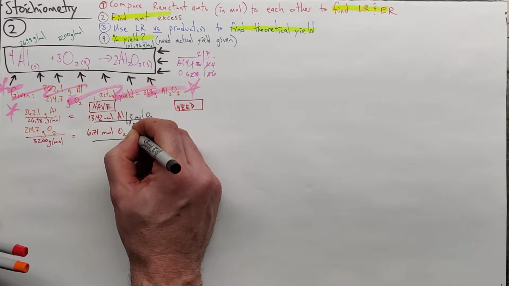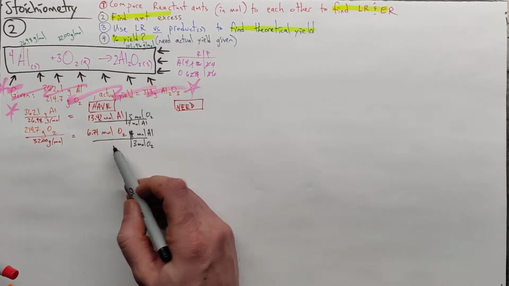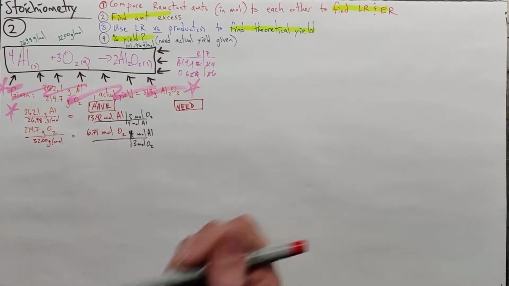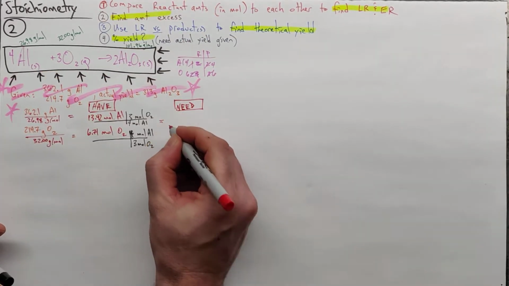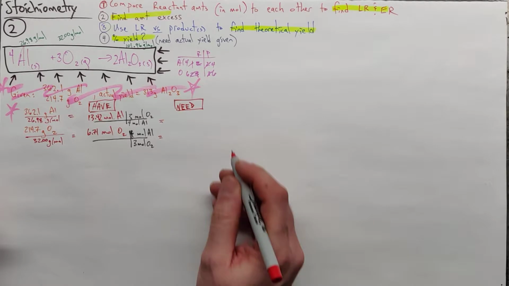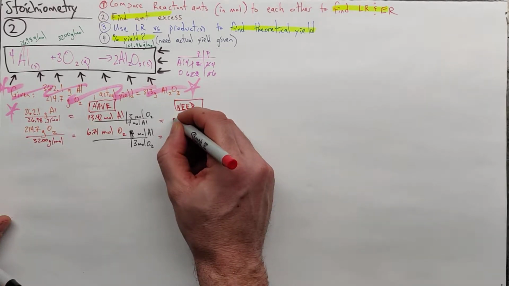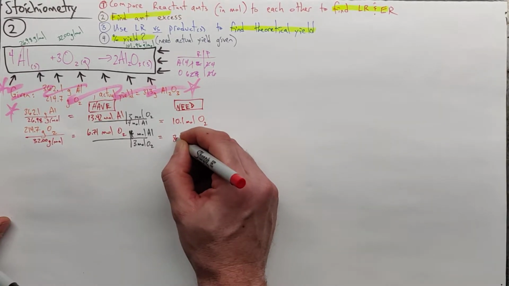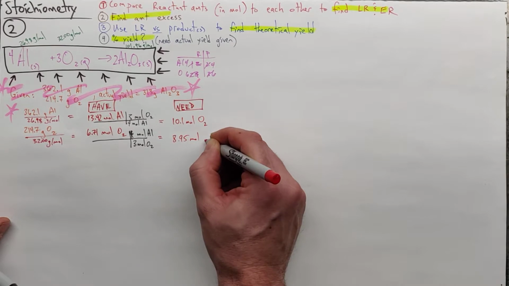And let me say this again in slow-mo. First box is what's given. Everything after the first box comes from the balanced chemical equation. And again, right now we're just comparing our reactants to each other so that we can figure out how much product can be made. This is 10.1 moles of oxygen that we're going to need, and 8.95 moles of aluminum.